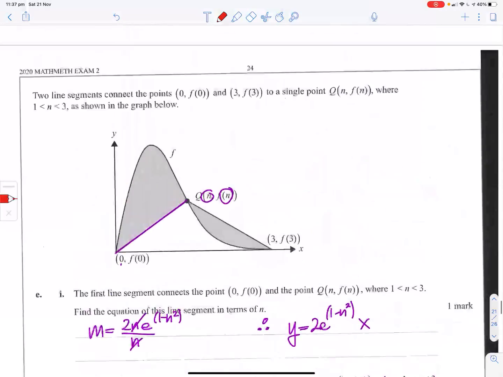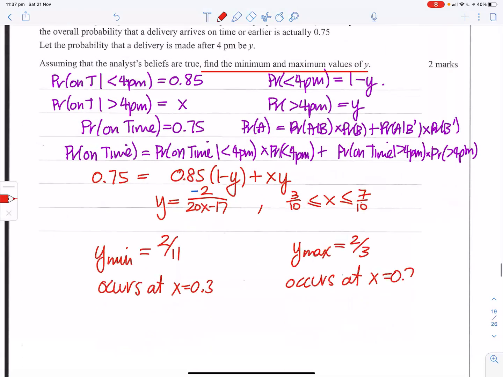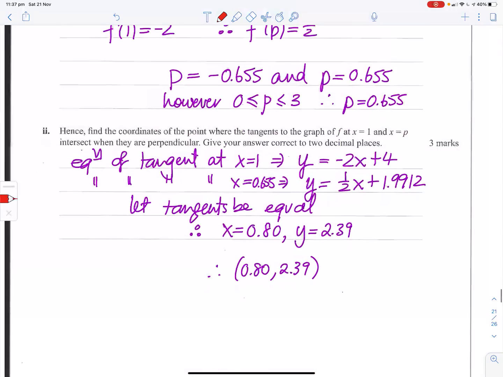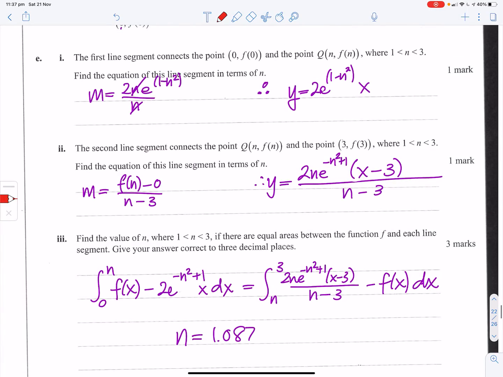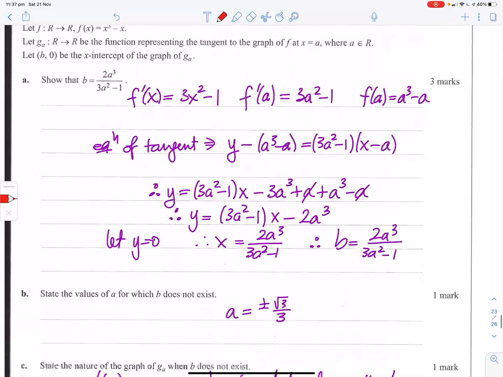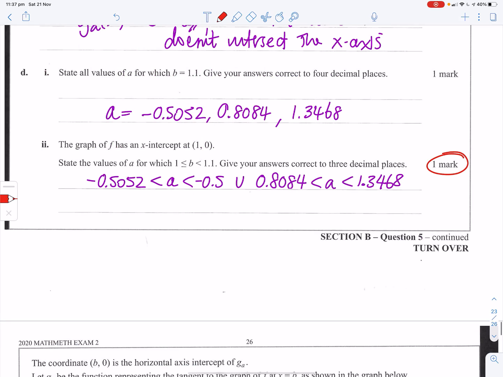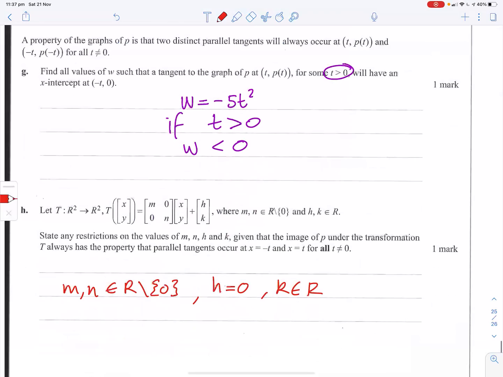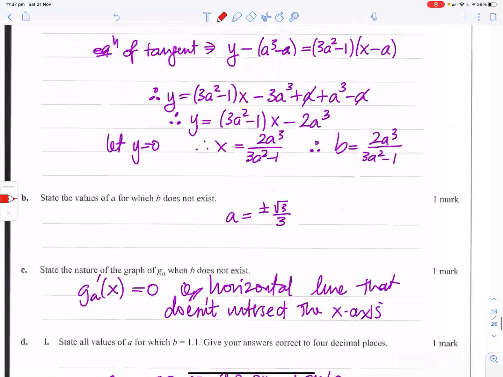So that exam sucked. That was really long. This is ridiculous. 2 marks. Even this one, 1 mark. This for 1 mark. This for 1 mark. I'm guessing this is because it's the last 2 questions on the exam.